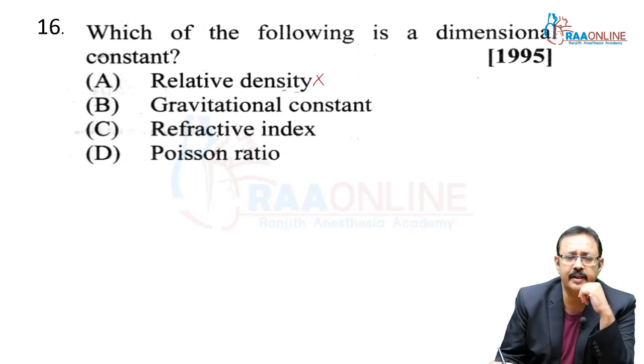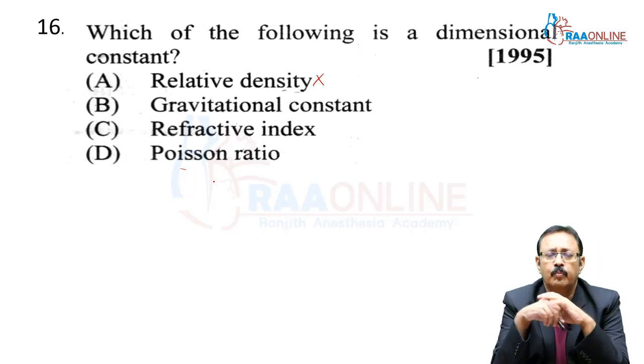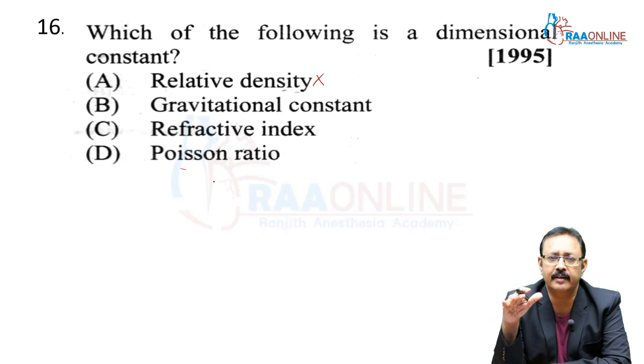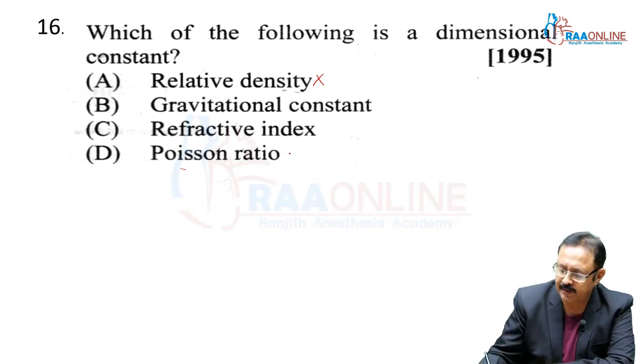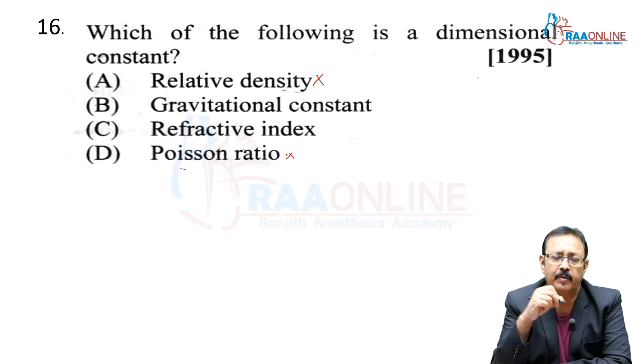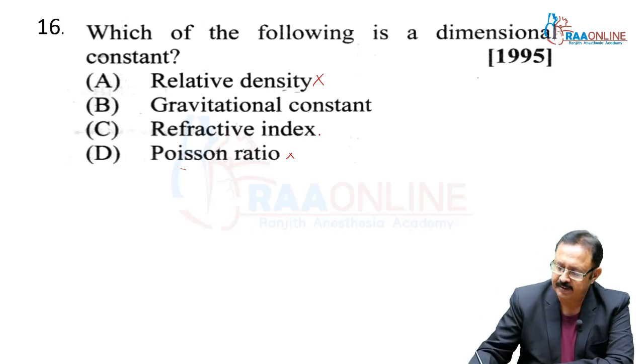What is Poisson's ratio? Poisson's ratio means lateral strain upon longitudinal strain. Strain already has no dimension. So we are not going with this. What is refractive index? Sin I upon sin R. Sin theta is dimensionless. So no dimension.